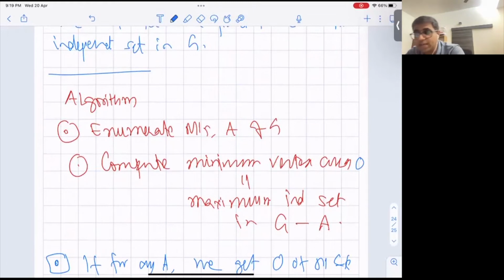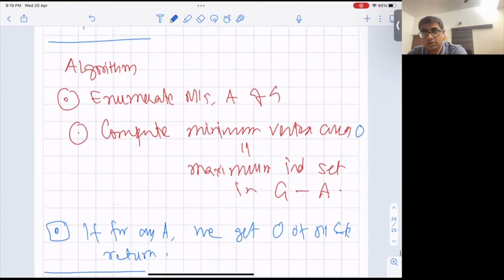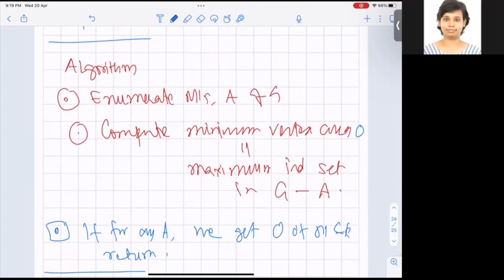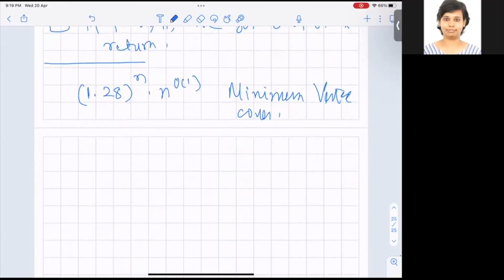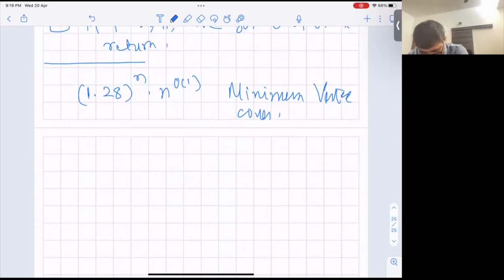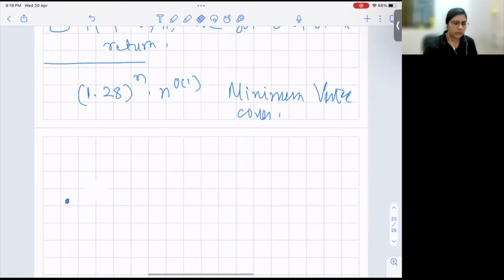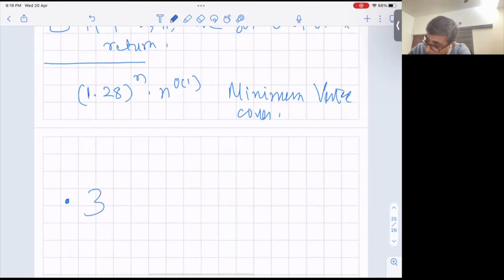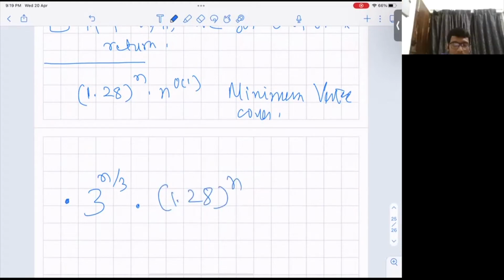Now you please tell me, what is the running time of this algorithm? Here it is. Enumerate MIS A of G. How many of them are there? How many can be enumerated? Maximal independent sets. Just now someone was telling me the numbers. 3 power n by 3. Okay. And now for each of them, how much time can I take to solve minimum vertex cover in the worst case? 1.28. So what is this?